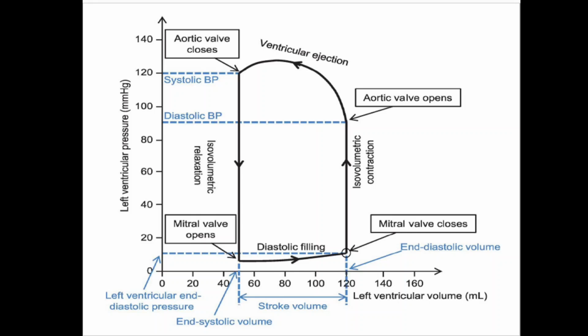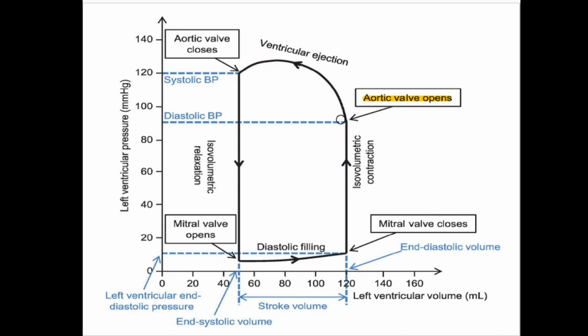And once the mitral valve closes, there will be isovolumetric contraction. After isovolumetric contraction, the pressure in the ventricle will increase more than the aorta, and what will happen? There will be aortic valve opening.